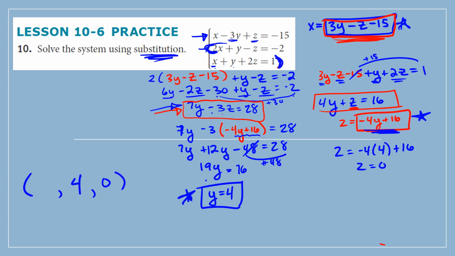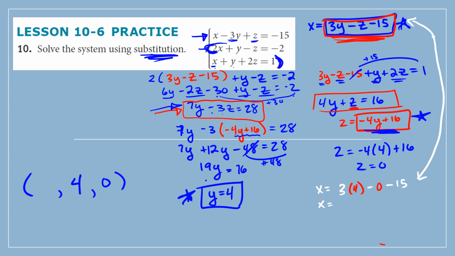And then we'll do the same thing for x up here. Coming from this one, we know that x is 3 times y, and we know that y is 4, minus z, and we know that z is 0, and minus 15. So x equals all that stuff, right?